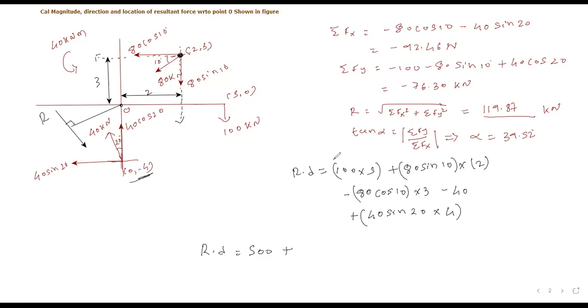Okay, 27.783. I feel this answer will be the right one. Now give me the answer of minus 80 cos 10 into 3.